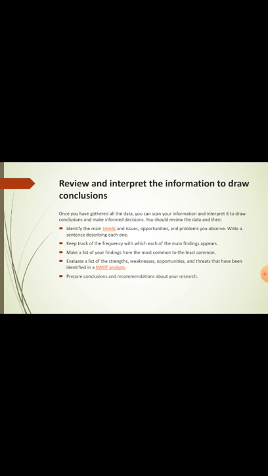Write a sentence describing each one. Keep track of the frequency with which each of the main findings appears. Make a list of your findings from the most common to the least common. Evaluate a list of the strengths, weaknesses, opportunities, and threats that have been identified in a SWOT analysis. Prepare conclusions and recommendations about your research.